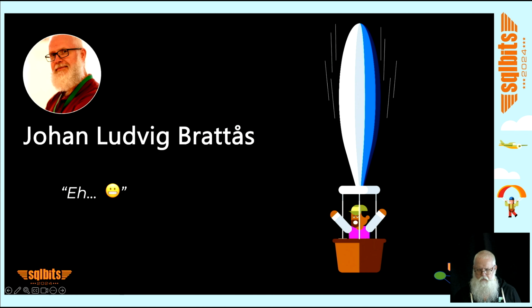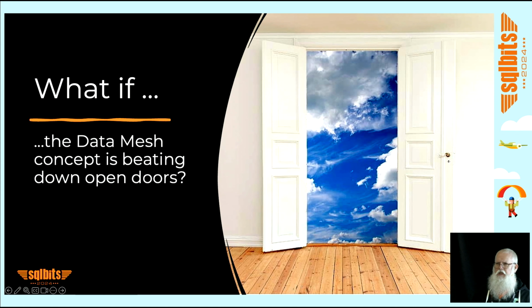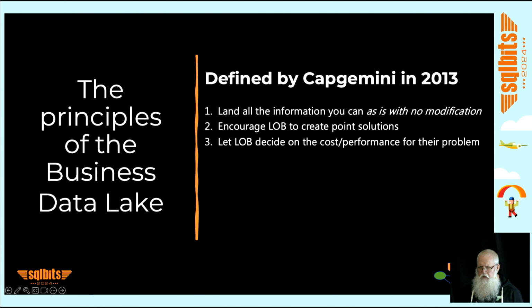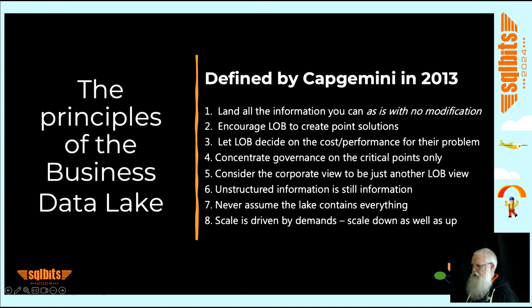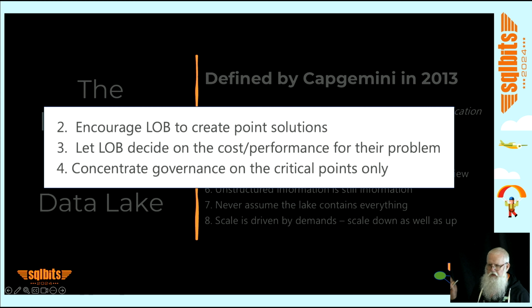So what if data mesh and what Zhamak Dehghani was doing is beating down open doors? Let's just take a look at this. This is the principles of a business data lake defined by Capgemini in 2013. It's a long list. I'm not going through all of them. What is interesting are these three. So we encourage line of business to create point solutions.